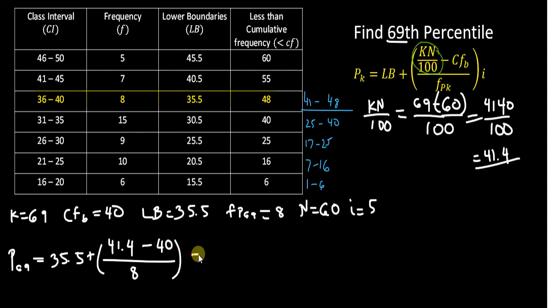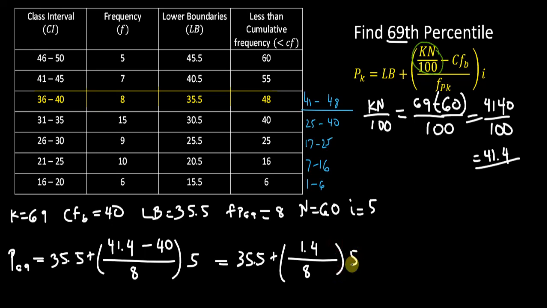Multiply natin sa I, which is 5. So, that is 35.5 plus the quantity of 41.4 minus 40, that is equal to 1.4. So, 1.4 over 8 times 5.